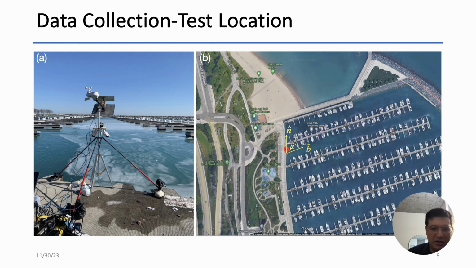Lake Michigan. So B hat here shows the direction of the arm or the boom of our sensor suite, and mu is the angle between the boom and the north direction.